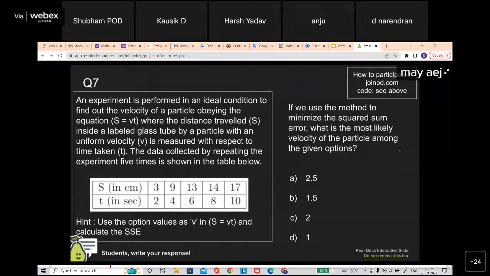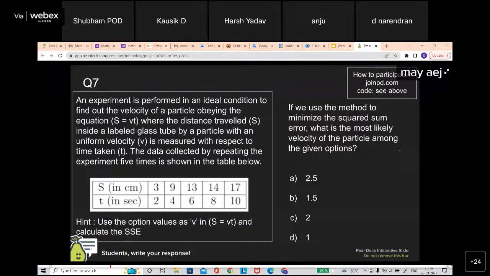So is your doubt that it will intersect, or are you unable to solve it? My doubt is I cannot understand the question properly. Okay. Sir, am I audible?